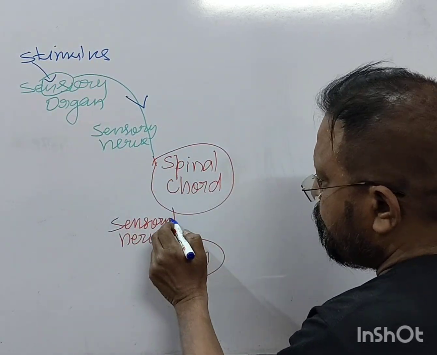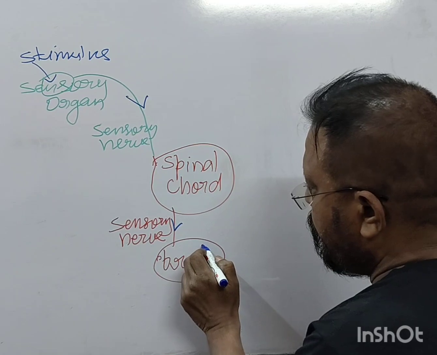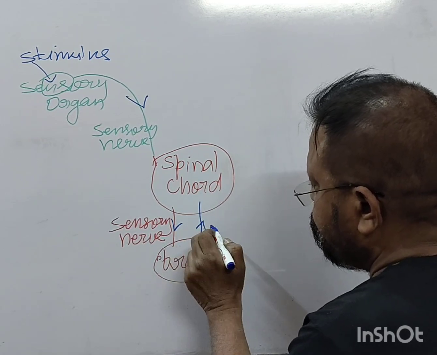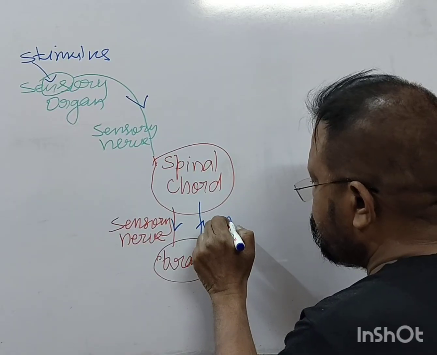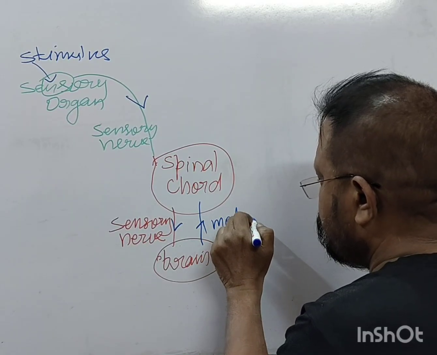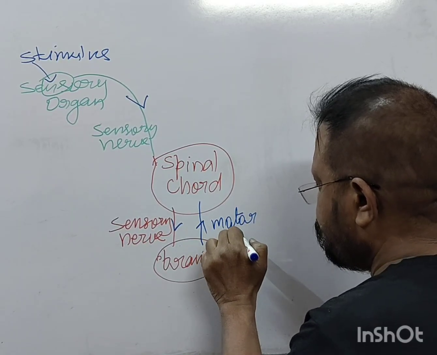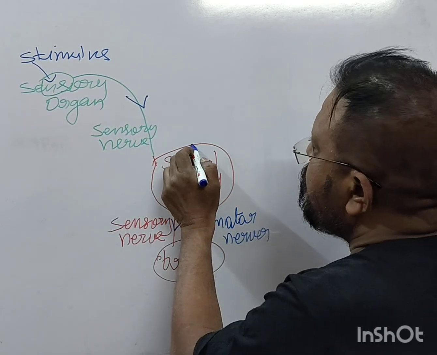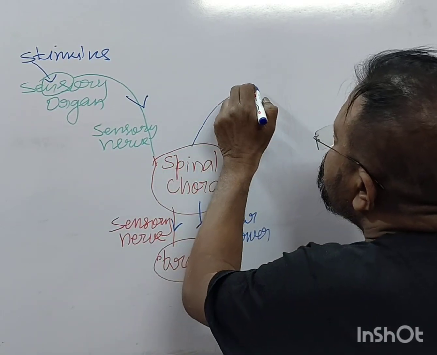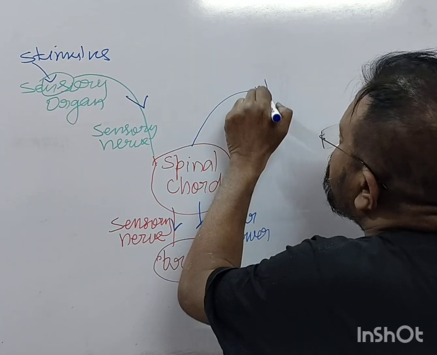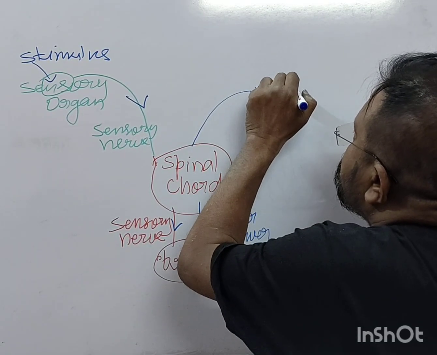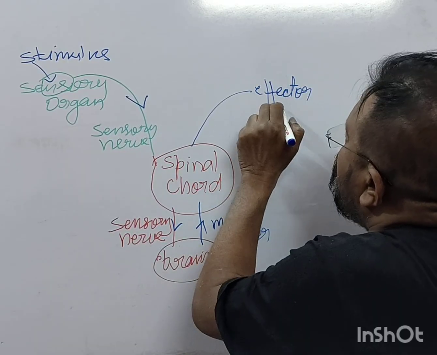This is the sensory nerve, and it comes to the brain. Then it goes back. This is the motor nerve. The motor nerve goes to the spinal cord, and then it goes to the effector organs.